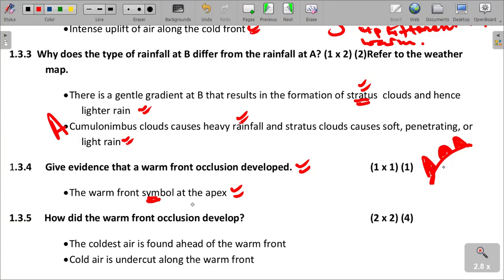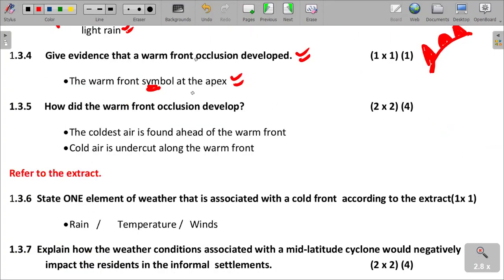So when we have a warm front occlusion, it means the warm front occlusion is forming or is shown on the diagram.